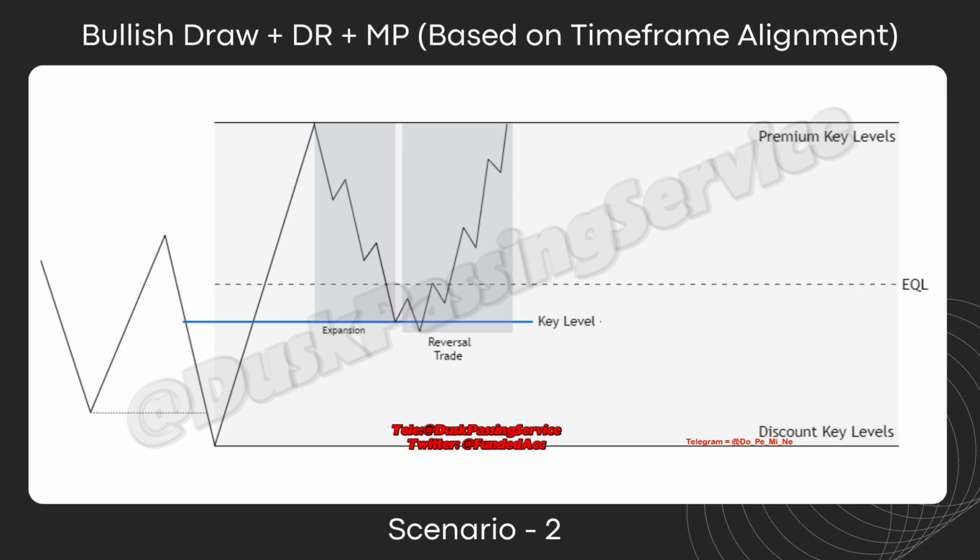Based on market profiles, we know that when an expansion profile tests a key level inside the discount region, it leads to a reversal profile, and that's exactly what happened right here.